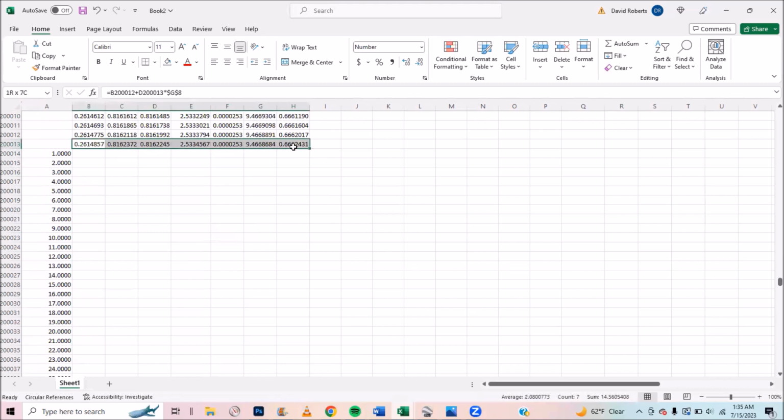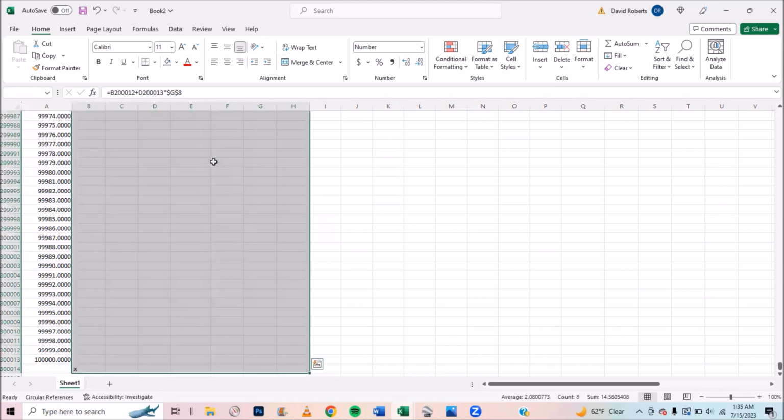I think I need to highlight it, and then shift, control, and then just the down arrow. Booyah. And then fill. And then fill down. Booyah. So now it's gonna hopefully take less time.